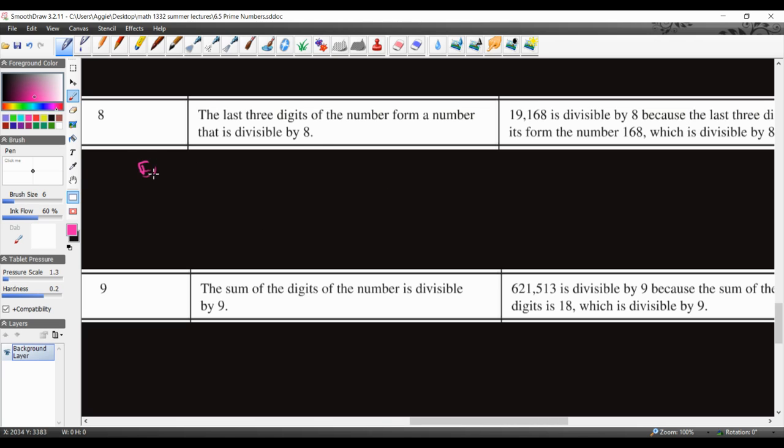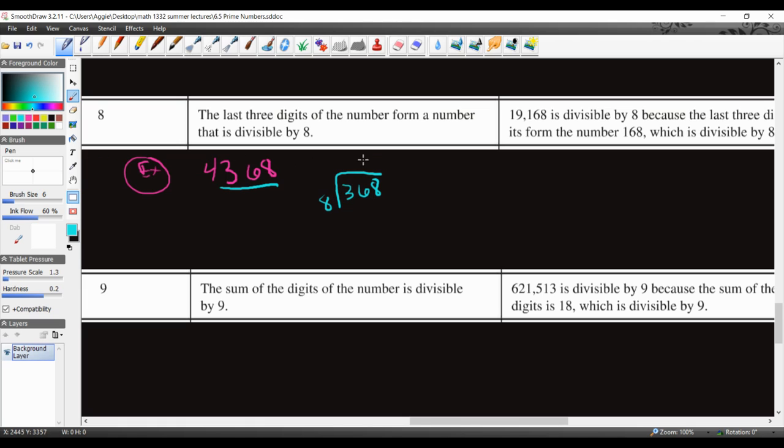So for an example for this one, okay, let's say we had 4368. Okay, so if I'm only going to look at the last 3, that would be these 3 right here. Now, obviously, that's still kind of a lot of work, but it's easier to divide 368 by 8 than it is to divide an extra number.